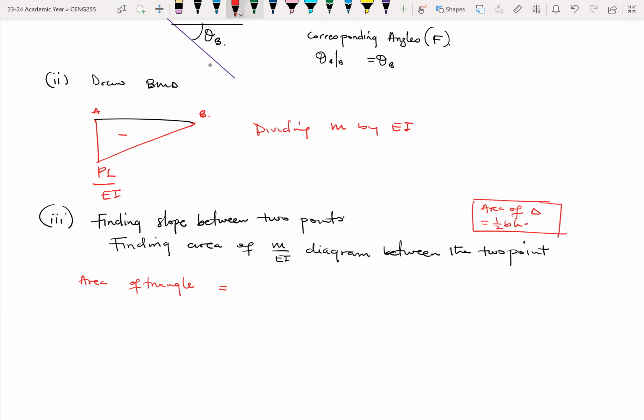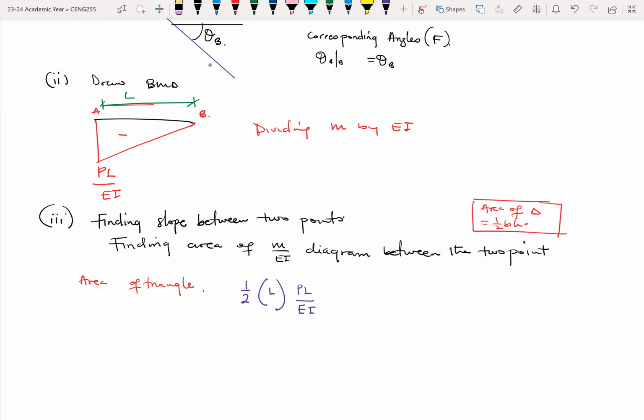So here, my base is L, and my height is PL over EI. Okay. So it means that I'll end up with 1 over 2 half base. So the base is L, then the height is PL over EI. Okay, so this is your equation.